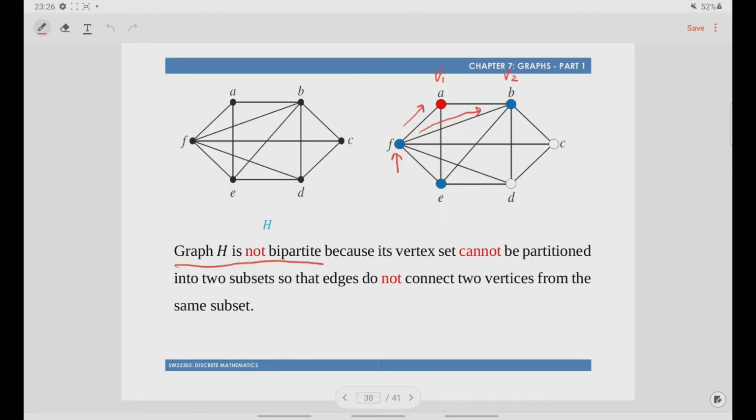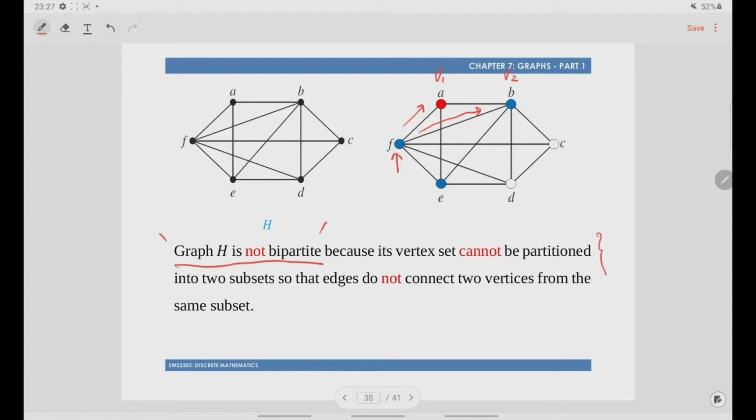Alright, but in this case, we have blue to red, blue to blue. So we can come to the conclusion that H is not bipartite, if we use the color method. From F, as we can see, it is connected to red, it is also connected to blue. So automatically we can conclude that the graph H is not bipartite.